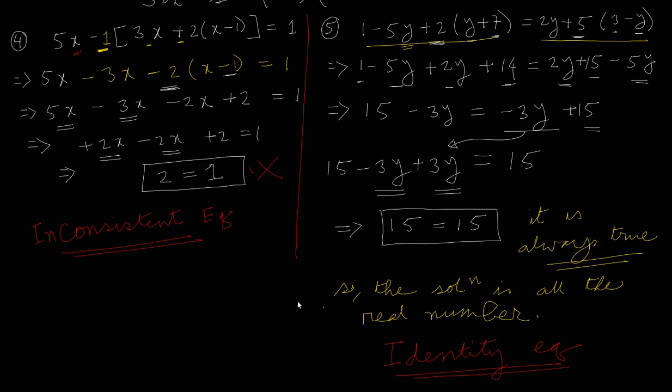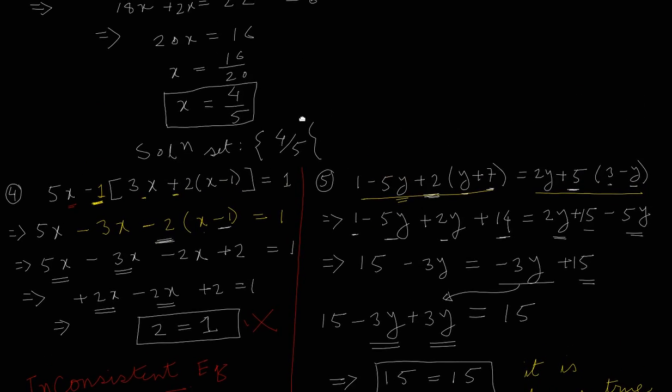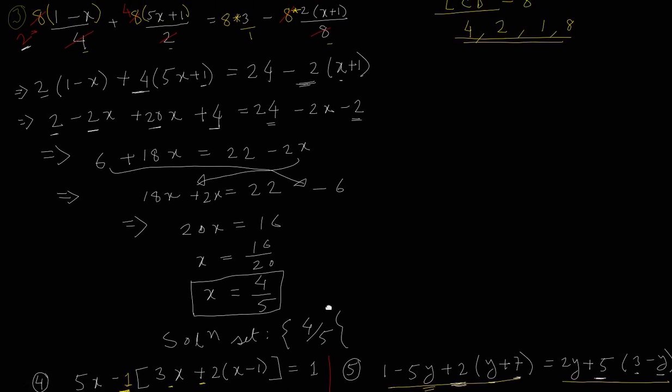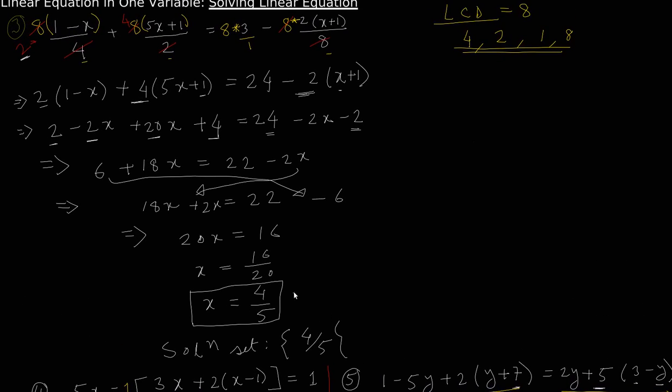Now as you can see, we saw inconsistent equation, we saw identity equation, and in the first problem of this video, when I have only one solution for x, this type of equation is called conditional equation.